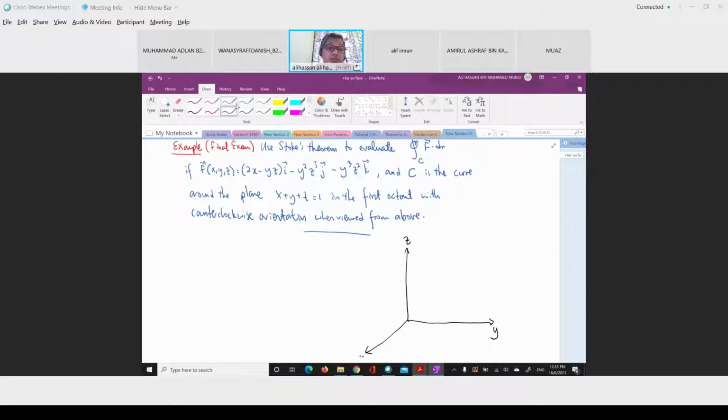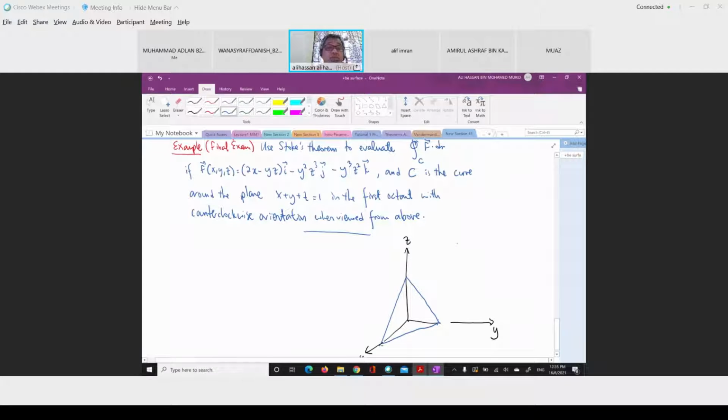You know how to sketch the equation of a plane. It has intercept at 1. We have done a similar sketch before. So this is the plane in the first octant.